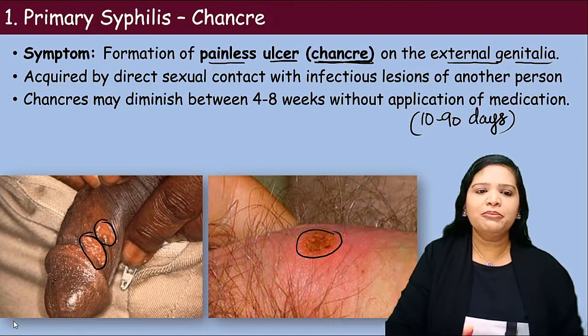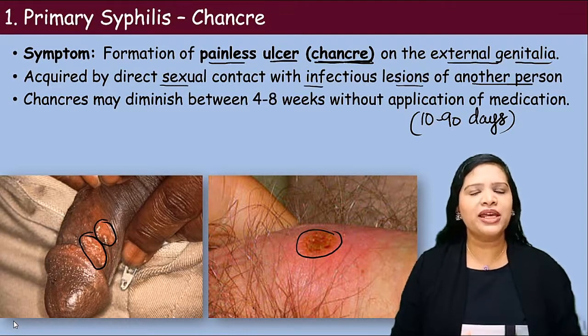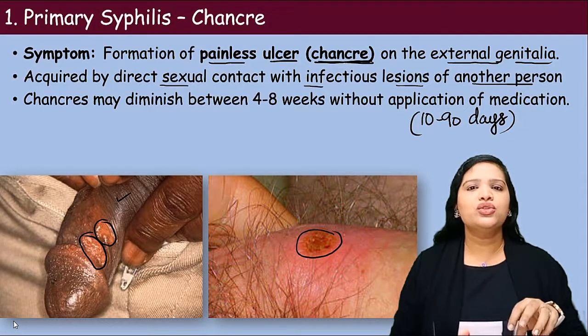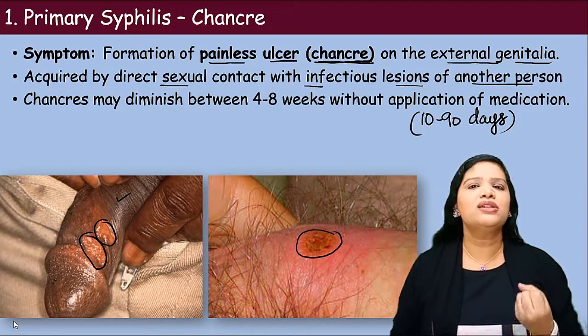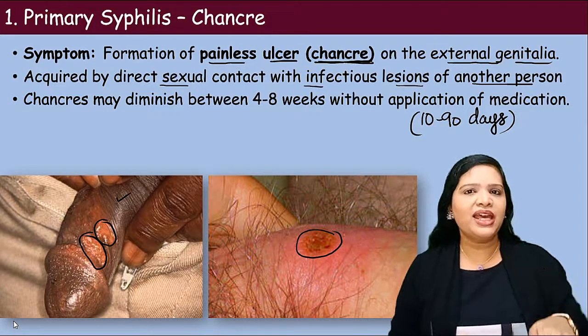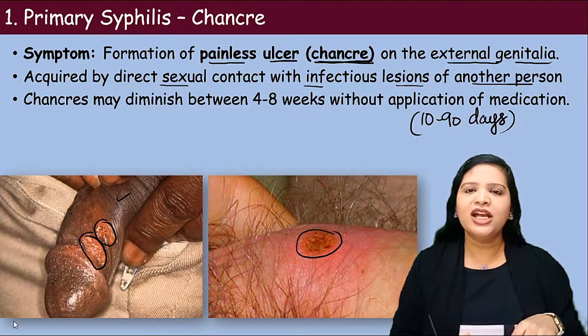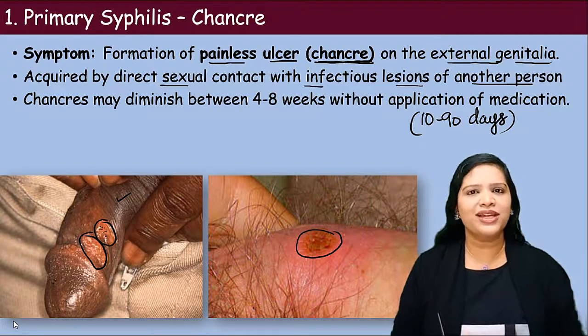It is acquired by direct sexual contact with the infectious lesions of another person. So how does this happen? For example, if this man has this chancre, he is not recognizing it because it's not painful. If he has sexual intercourse, the bacteria present in this ulcer get transmitted to his partner, so the woman also gets it.